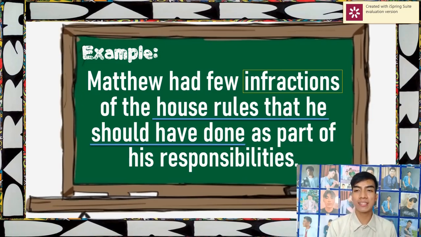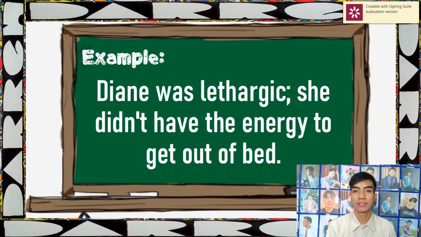So for this explanation, the sentence means Matthew did not follow some of the house rules as part of his responsibilities. Thus, we could now conclude that infractions means violations. Matthew had few violations of the house rules. Let's have another one.